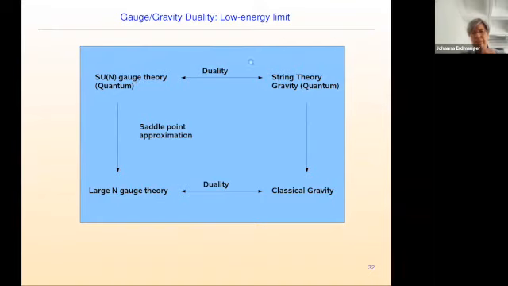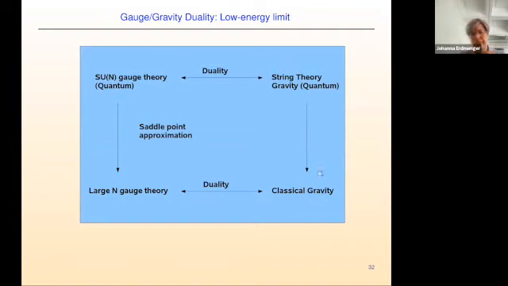The limit that I'm taking is also well defined for these D7 branes. If I put these extra branes on top, then here I get my SU(N) gauge theory plus these quark degrees of freedom, and here I get classical gravity plus an action describing the fluctuations of this embedded surface.